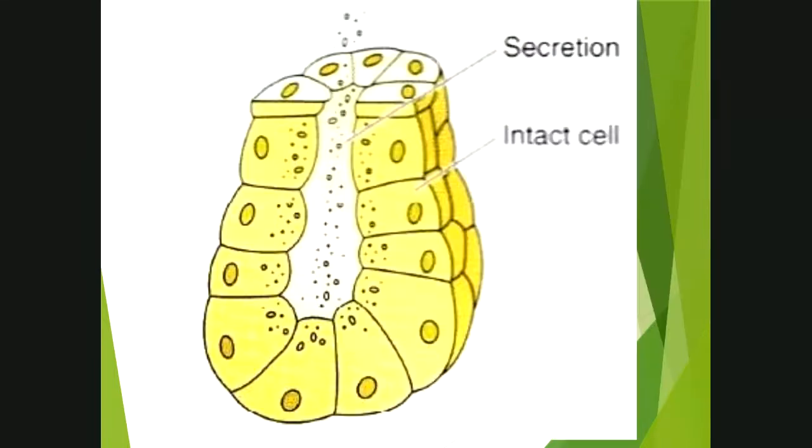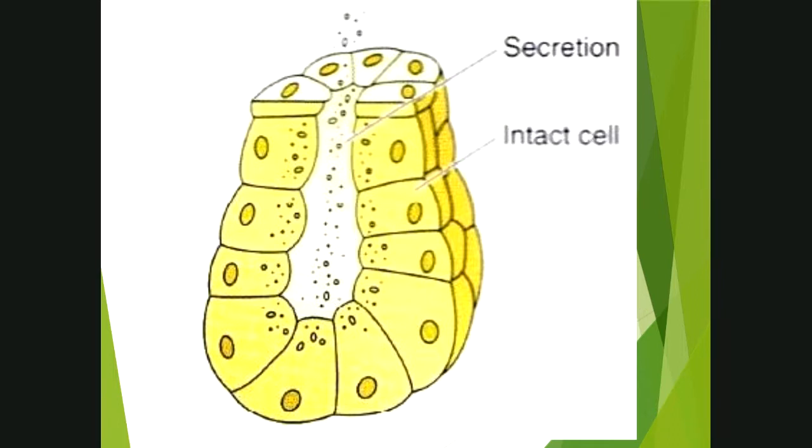So look, the cells are all the same height. There's no mitosis going on because we don't have to make new cells. There's no regrowing going on. The product just sort of oozes out. It goes out by exocytosis. And hopefully you remember that from general biology.